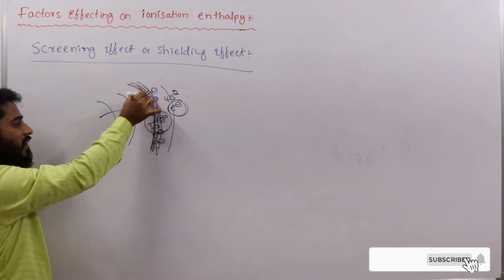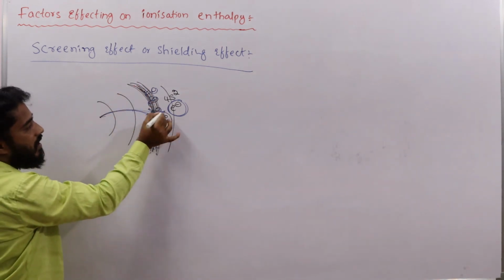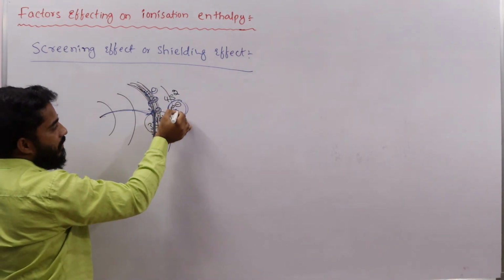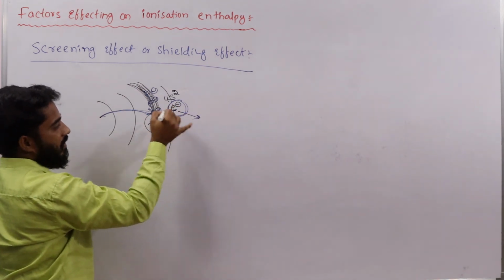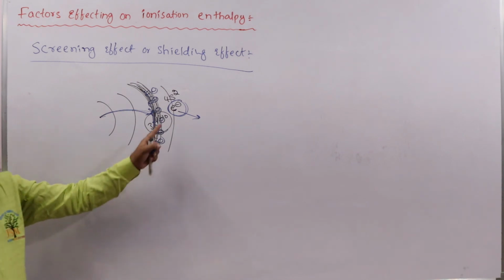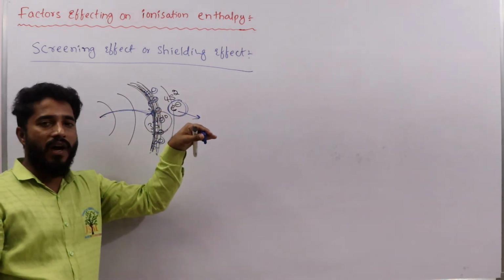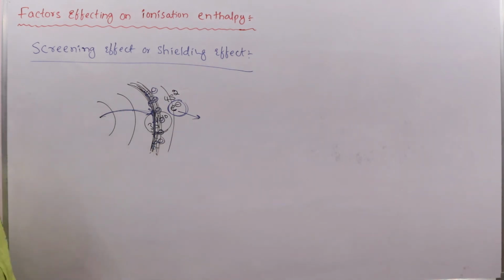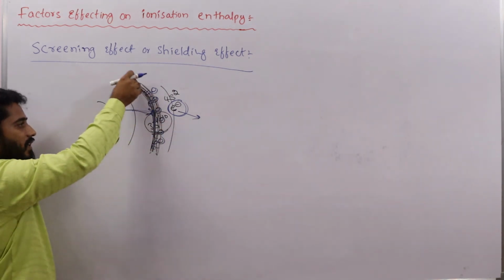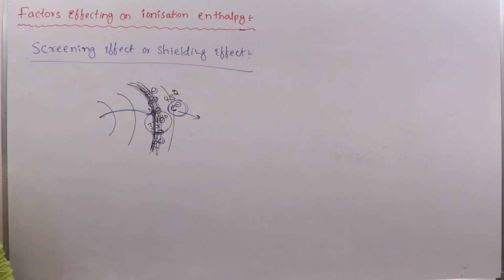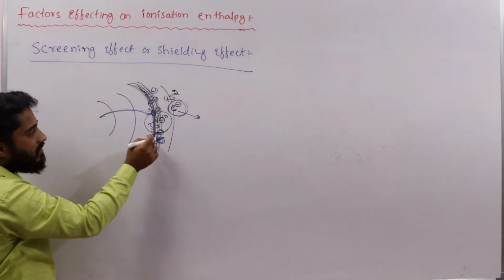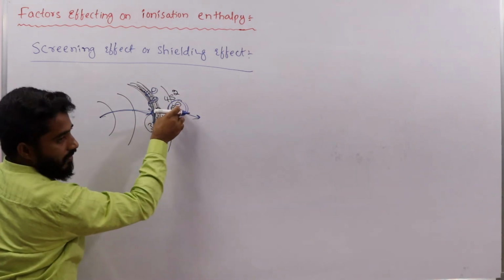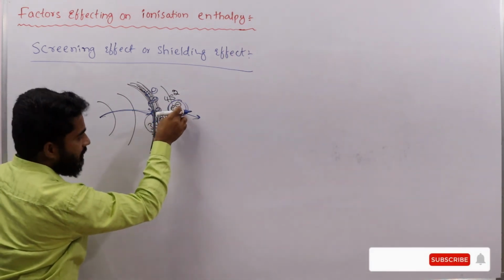When these inner electrons stop the nuclear attractions on the outermost electron, less energy is required to remove this electron, because very little nuclear charge acts on this electron due to the screening effect of inner electrons.